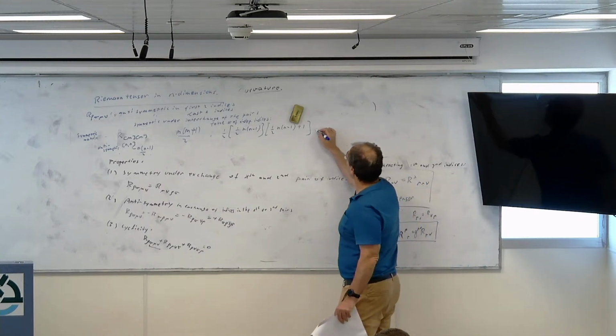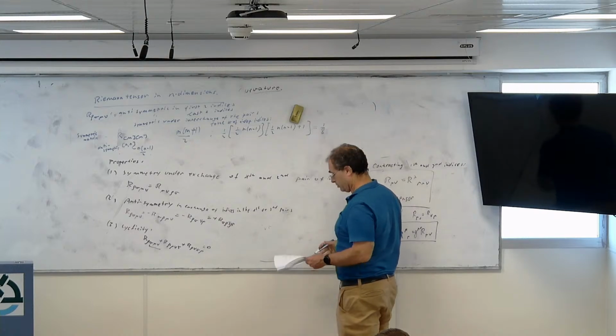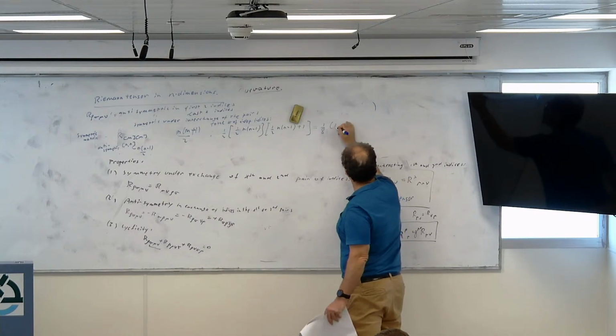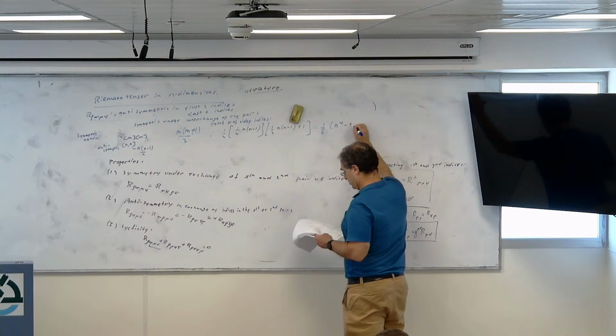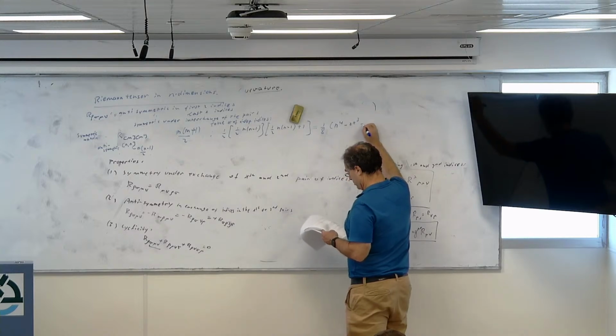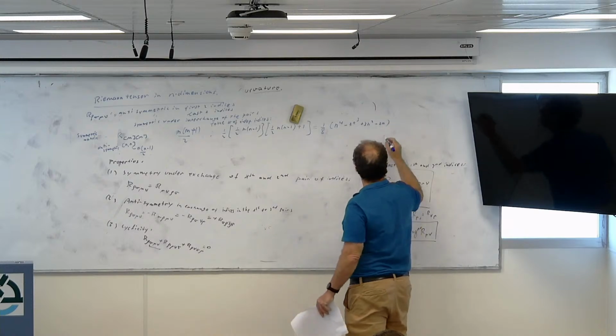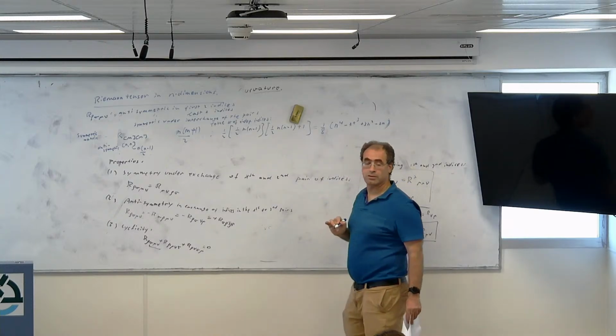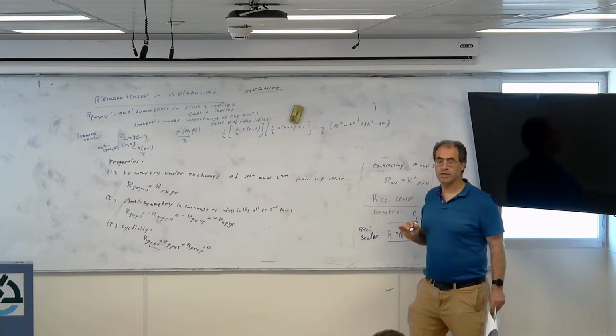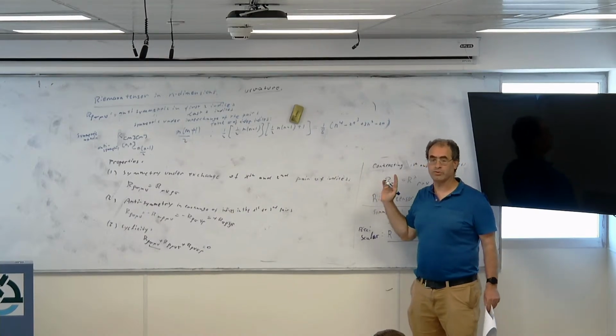So if you open up the parentheses, you end up with 1/8 of n to the 4 minus 2n cubed plus 3n squared minus 2n. It's still a big number, but much less than n to the 4 we had previously.